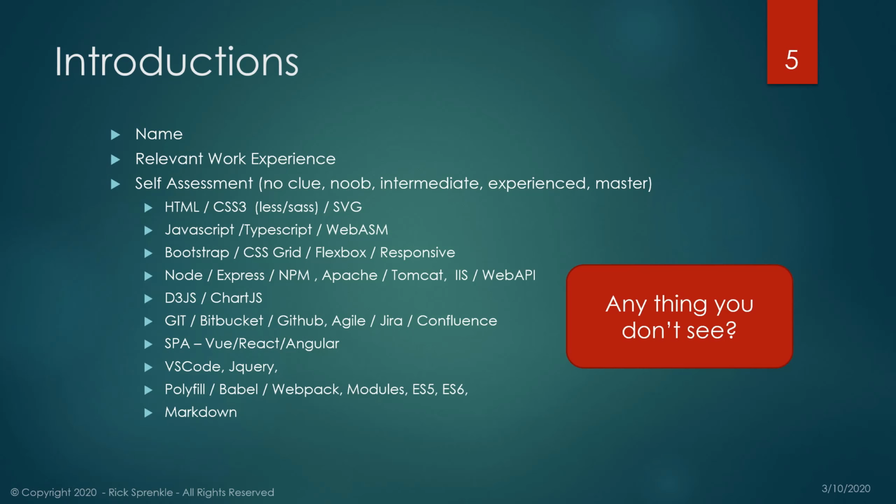It's not going to benefit you for anything we're going to do, but I just want you to understand, if you hear Less or Sass, all it is is a little language that you compile to CSS3. It looks like CSS3. Matter of fact, you can write just plain CSS3 in Less or Sass, and it won't make any changes. But if you need to automate certain things, you can.